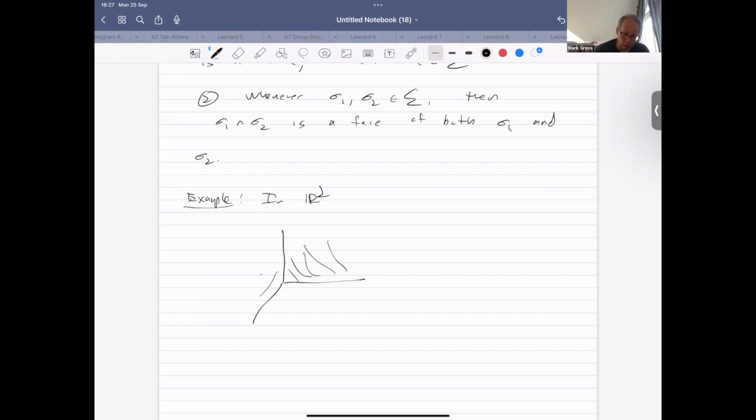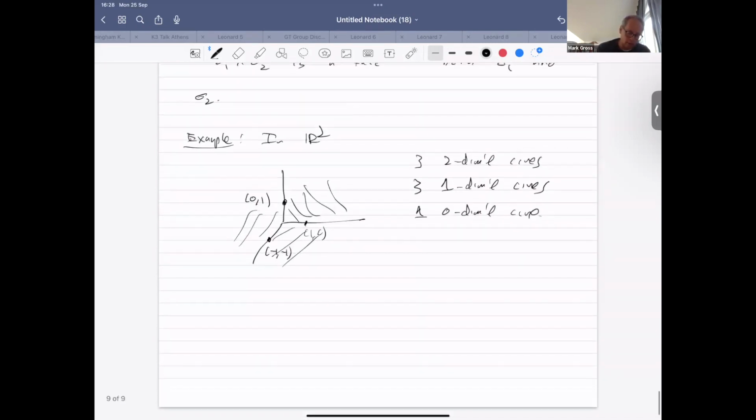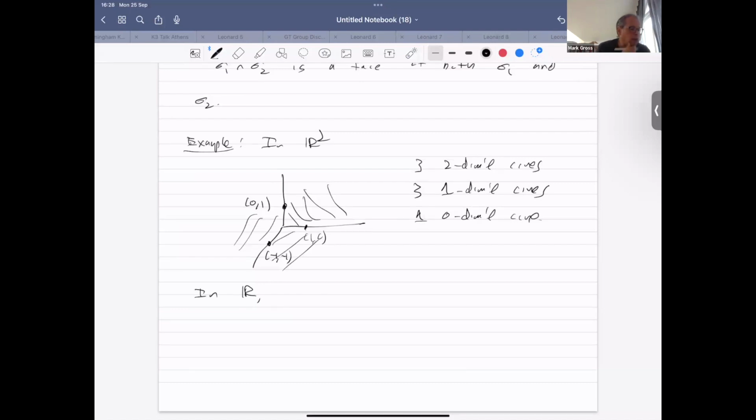We have 3 two-dimensional cones, and here I'm going to take generators to be (1, 0), (0, 1), and (-1, -1). We have 3 two-dimensional cones, 3 one-dimensional cones, those are these cones, and then 1 zero-dimensional cone. Now, to do a slightly simpler example, in R, there aren't that many examples of fans in R. This is the only fan in R which completely covers R.